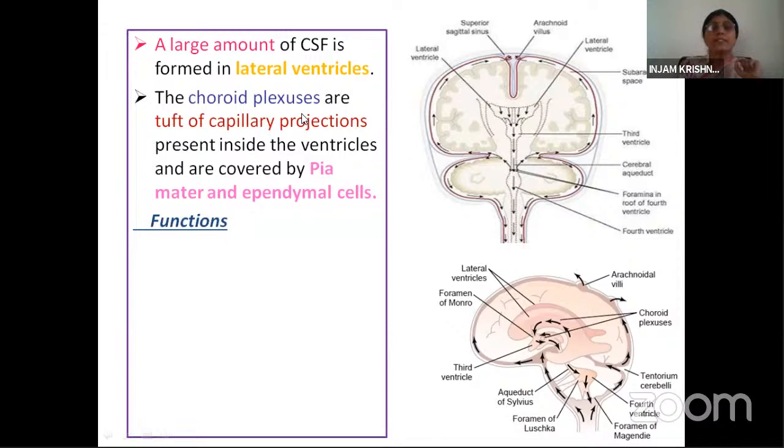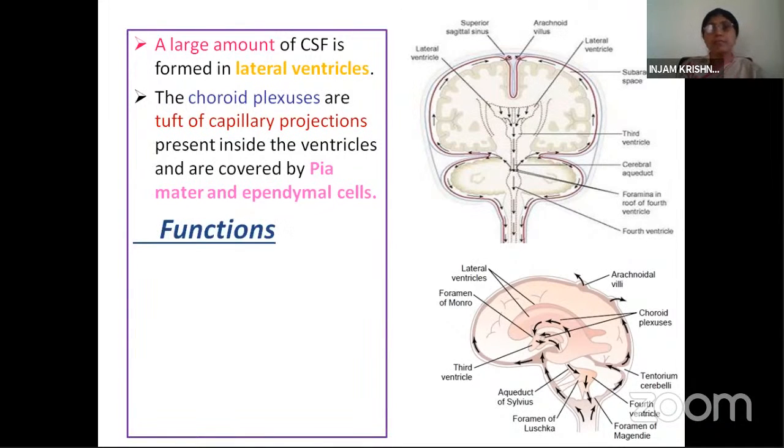The choroid plexus are tufts of capillary projections present inside the ventricles and are covered by pia mater and ependymal cells. Choroid plexus are located in all 4 ventricles. They are covered by ependymal cells and then pia mater. Actually, they are the invagination of the pia mater. They secrete the CSF.